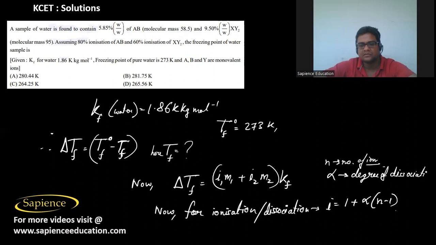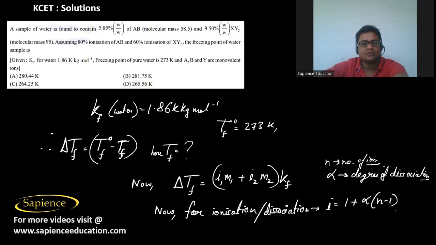So now, therefore, here two compounds are used. One is AB and one is XY2. So they are monovalent ions only, A, B, X, and Y.